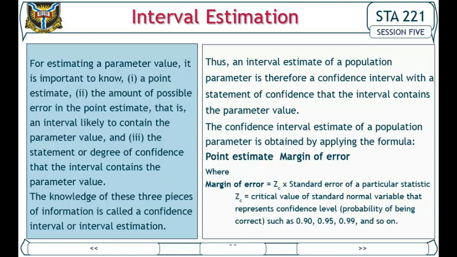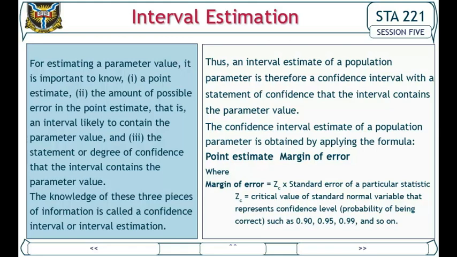The confidence interval estimate of a population parameter is obtained by applying the formula: point estimate plus or minus margin of error, where margin of error is equal to Zc times the standard error of a particular statistic.